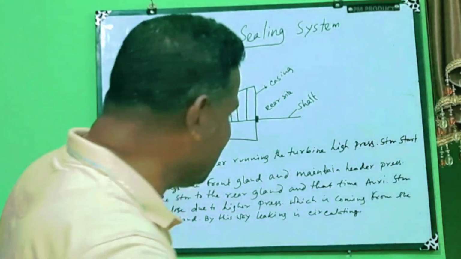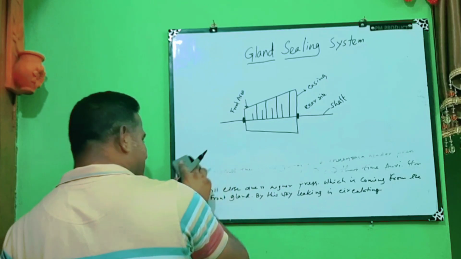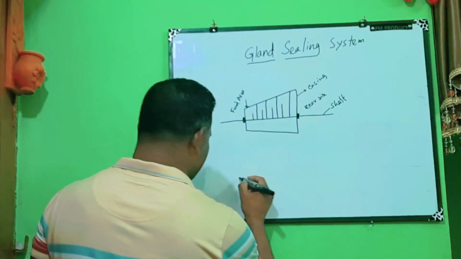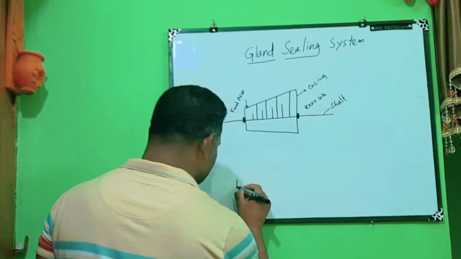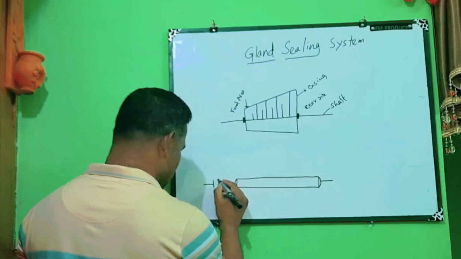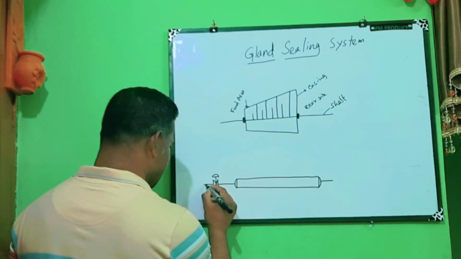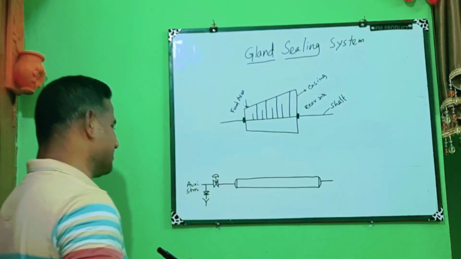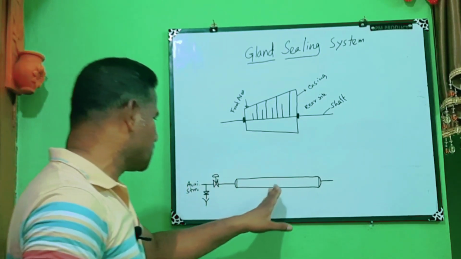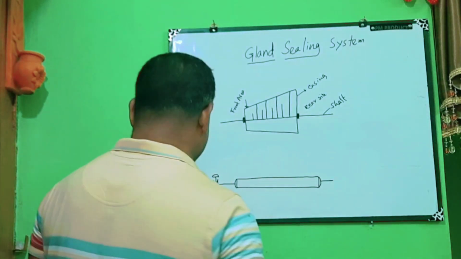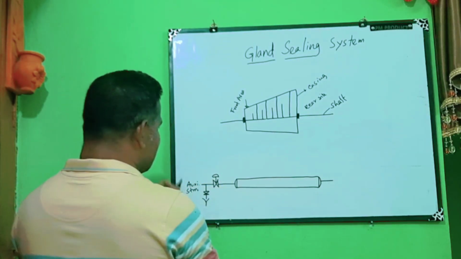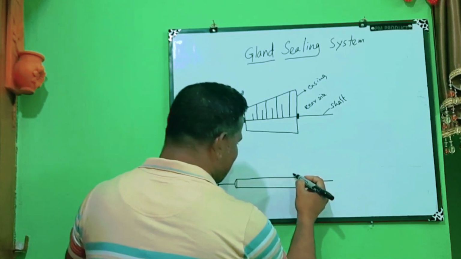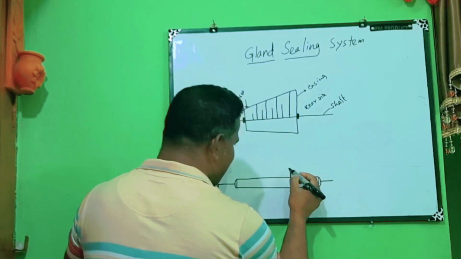So now I will draw the steam header. That time it will be more clear. Auxiliary steam is provided to the auxiliary steam header. Initially this auxiliary steam is required. On this auxiliary header one safety valve is also provided.